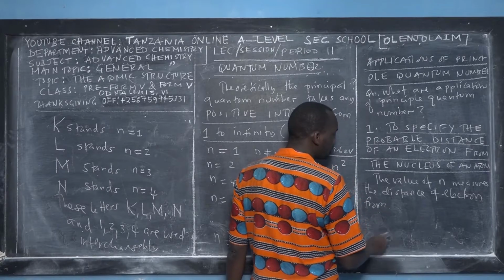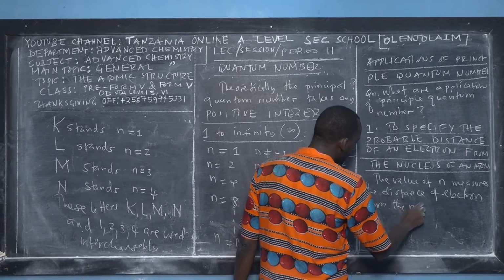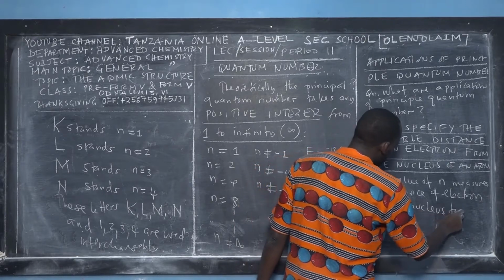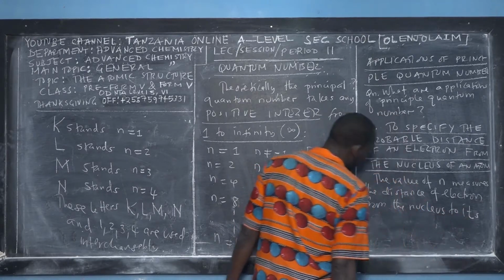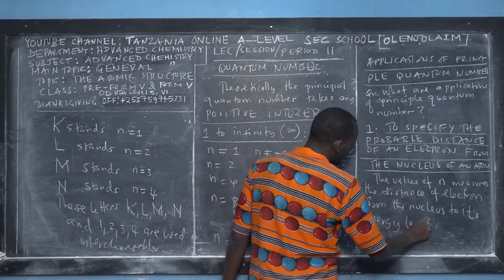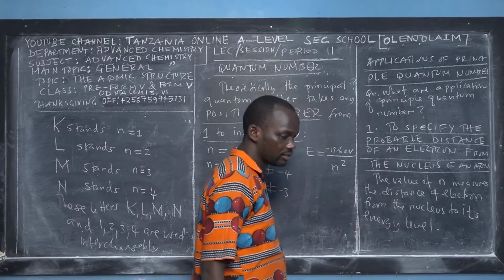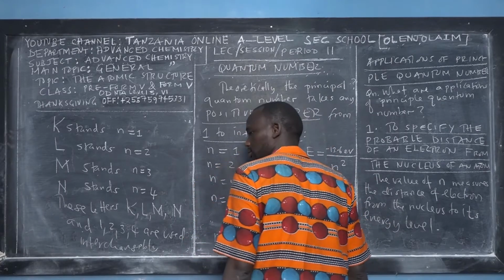From the nucleus, of electrons from the nucleus to its energy level. What does it mean? The higher the value of n, the higher the distance.